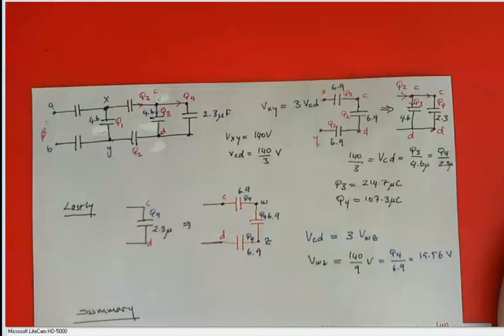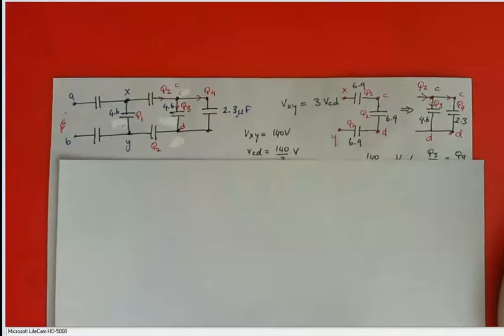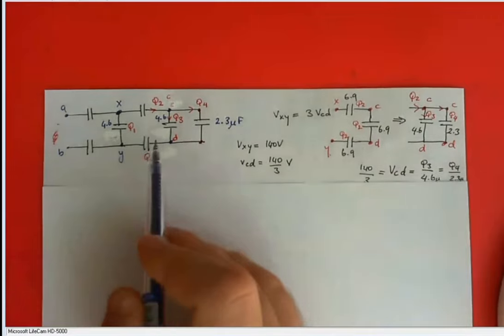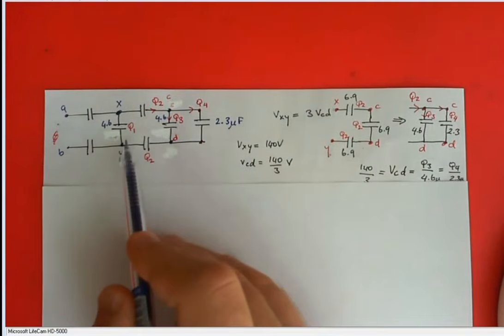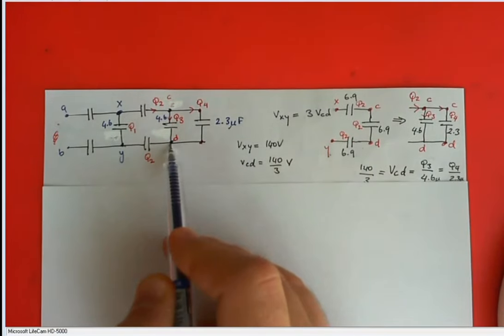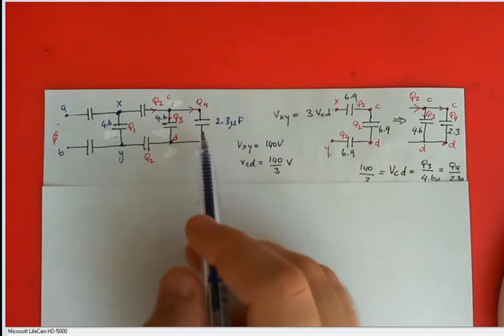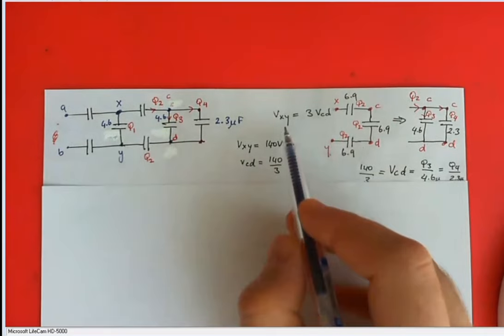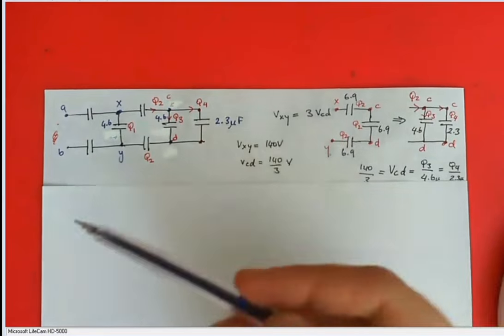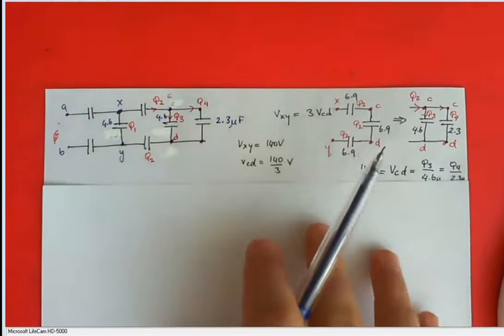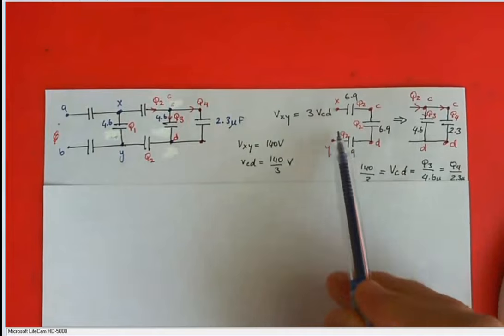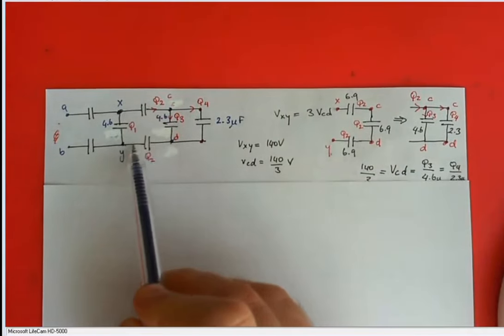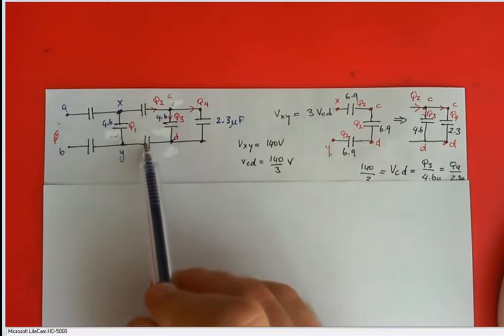Let me just rewrite it. So again, this was the XY point, that's the CD point. Remember, I'm rewriting whatever I told you on the previous page. Here, again, these are XY points, and that was 6.9, 6.9, 6.9.